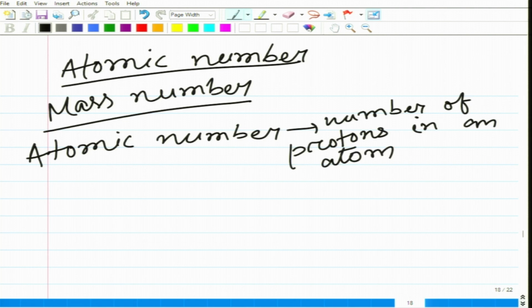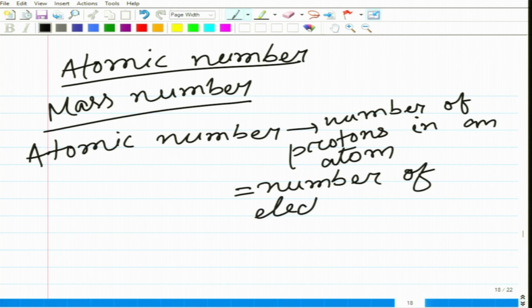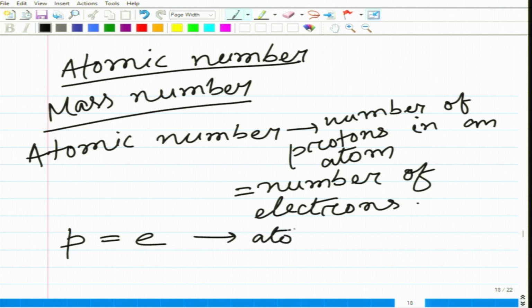Since the atom is neutral, the number of protons should be equal to the number of electrons. If the number of protons is P and the number of electrons is E, then this is the atomic number.